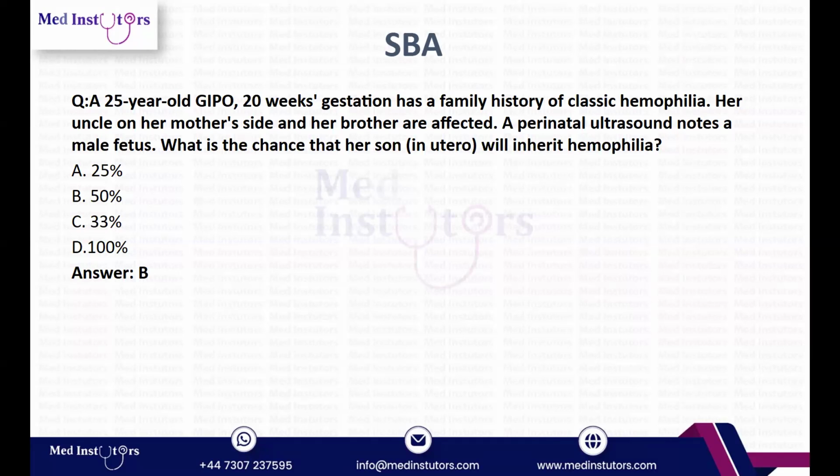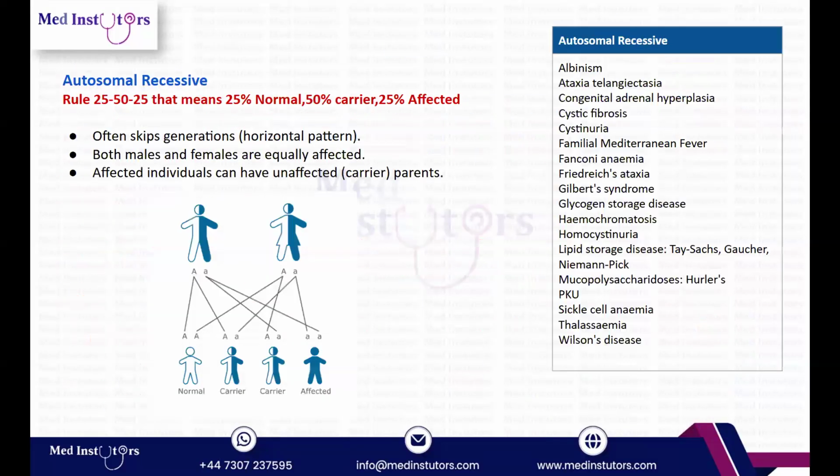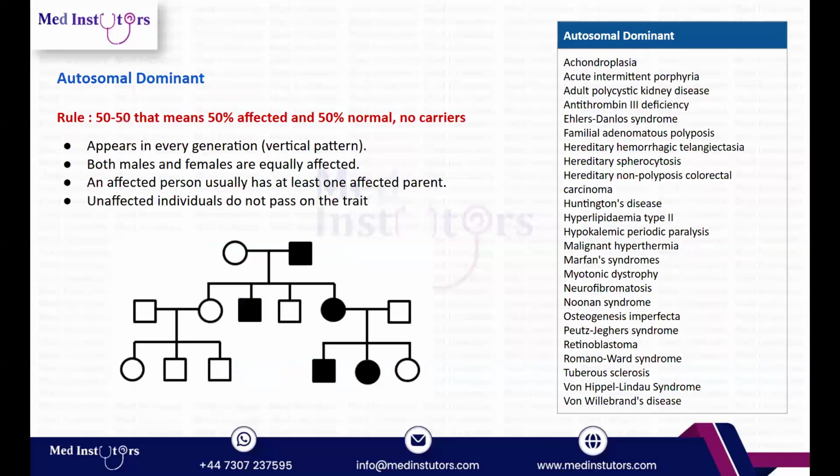Okay, someone asked me a question: how do we know whether it is X-linked dominant or autosomal dominant? One thing again: in such questions they will give you the findings, like the mother is affected or the father is affected, and one child is normal while the other child is not.